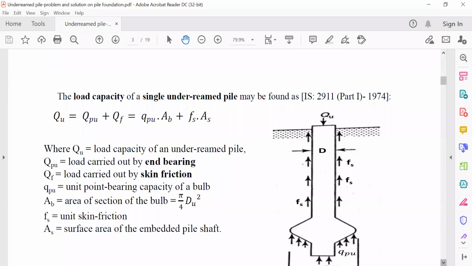See how we can find out the load carrying capacity of a single under-reamed pile. See, this is the bulb, and this is the pile shaft. So IS code has also given the formula.